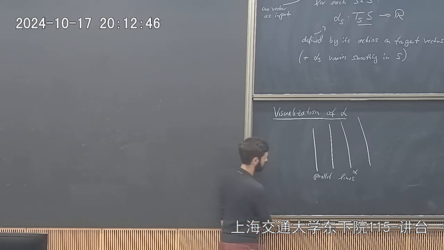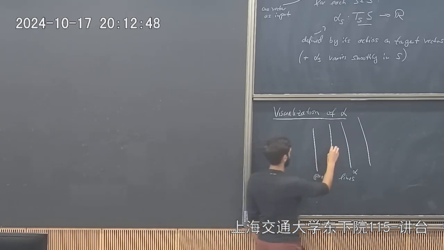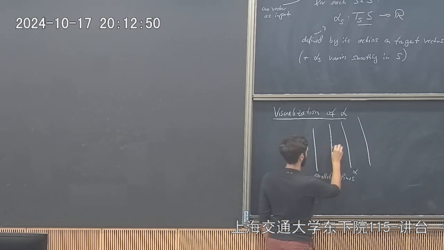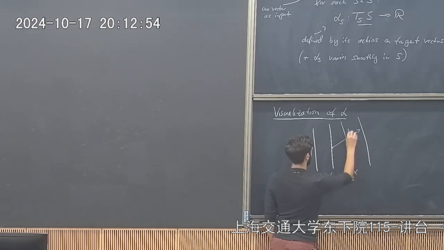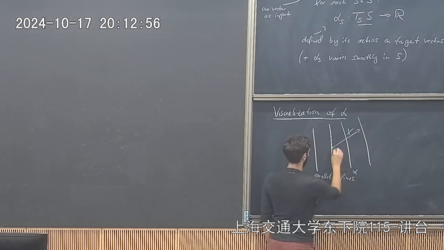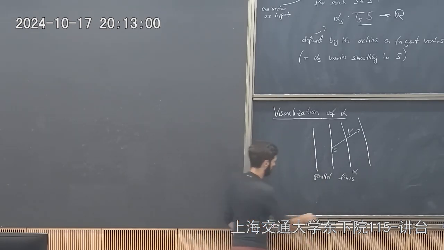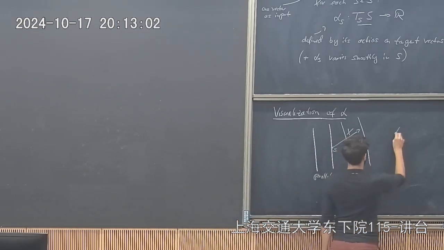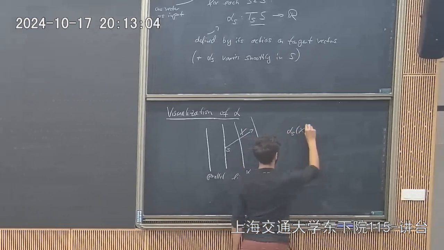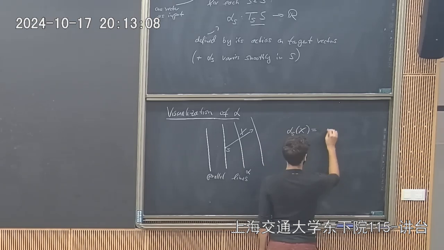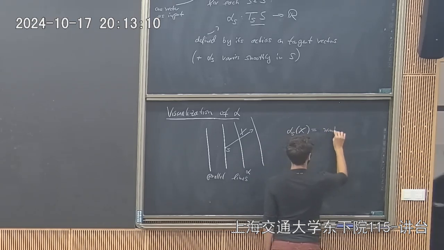So if I have a tangent vector, say something like this, we have our tangent vector. So this is the point s. Then the number alpha_s of x is equal to the number of intersections.